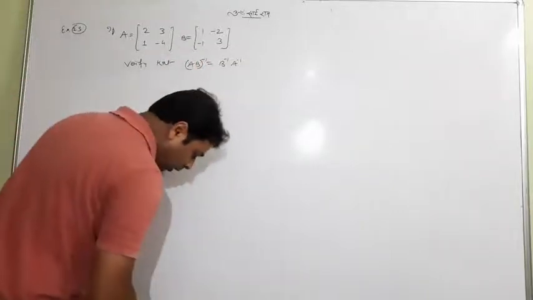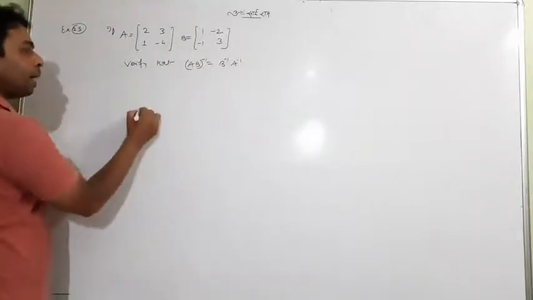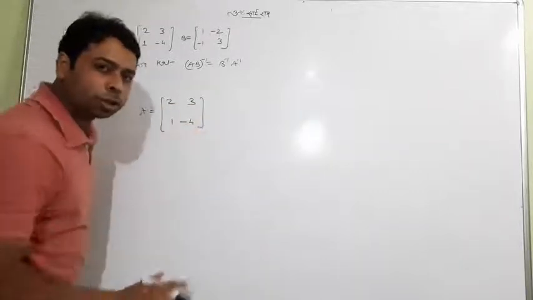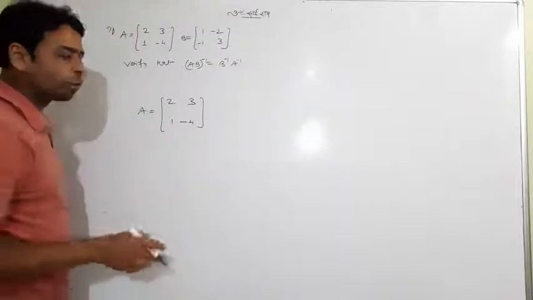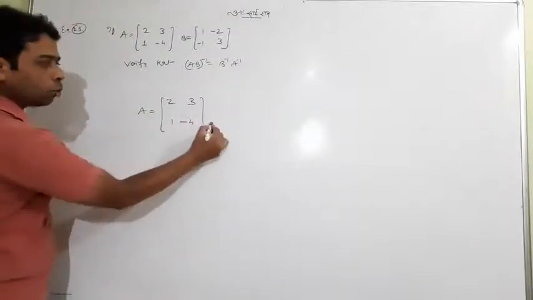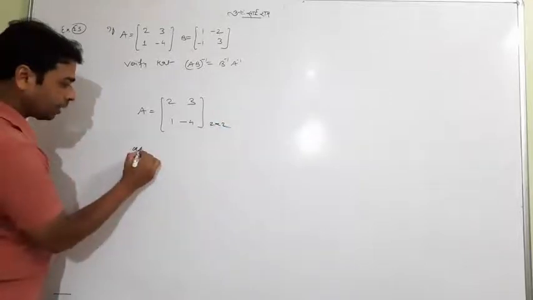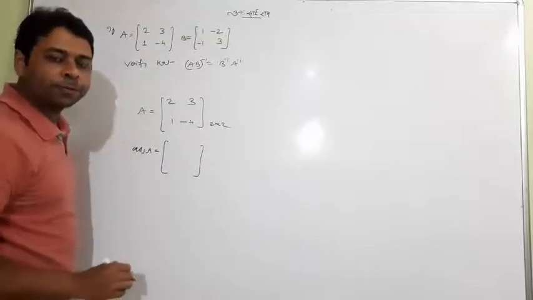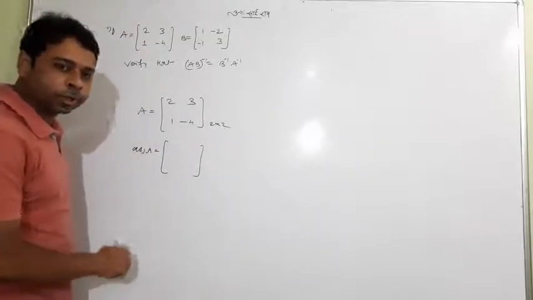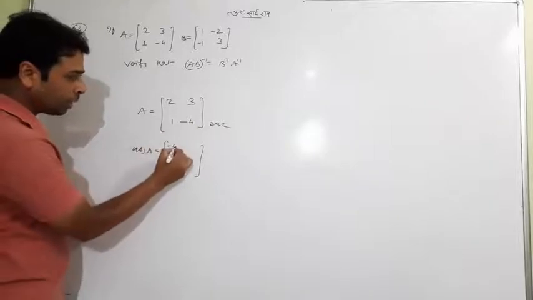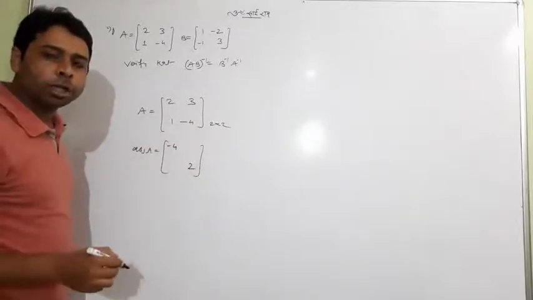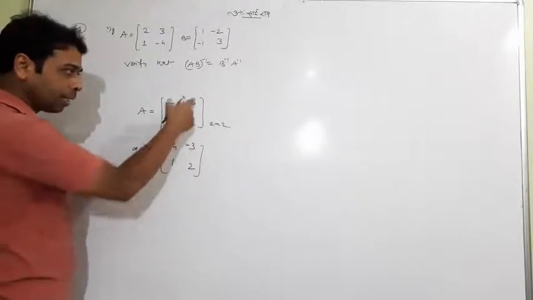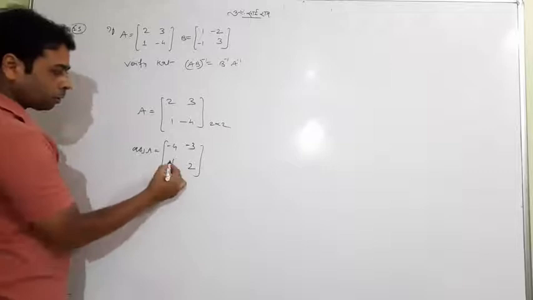Before starting this question, let me ask you one question. It was yesterday's lecture, the concept I told: whenever A is given as a 2 by 2 matrix, can you find adjoint A directly? Yes, this is a trick. For 2 by 2 matrices, for adjoint A you just interchange the main diagonal elements without any changes, -4 upside and 2 downside, and change only the sign of the other diagonal, 3 and 1, to -3 and -1.